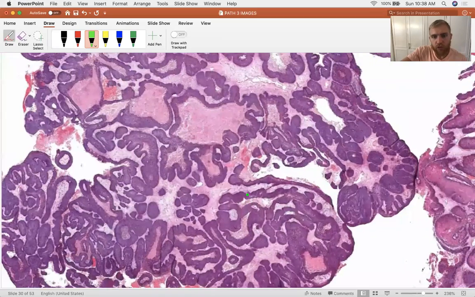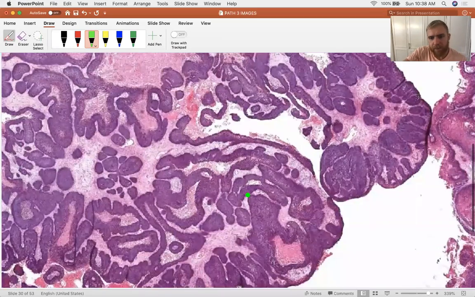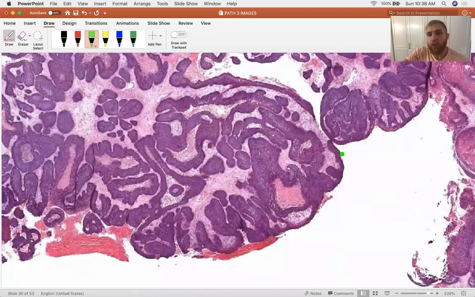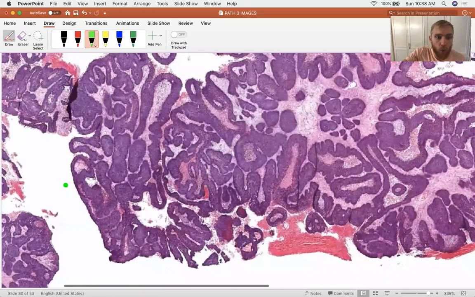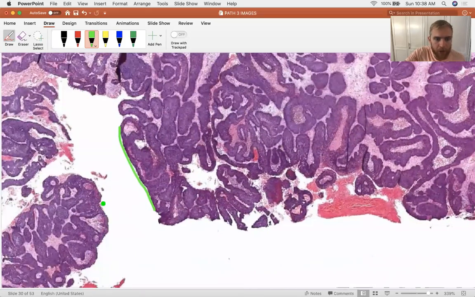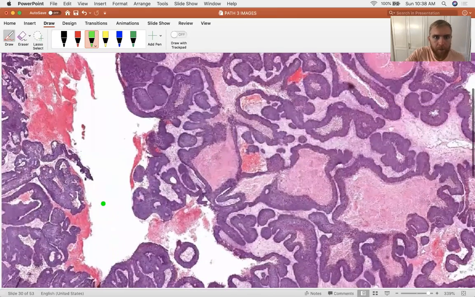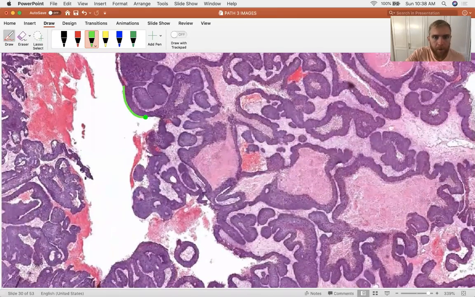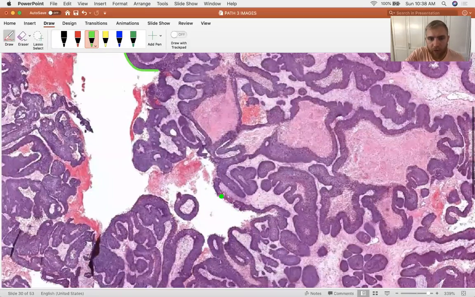So let's zoom on in. Notice we've got a flat exterior. It's bumpy, but it's squamous on the outside. That'll help you differentiate it. And it's pretty squamous on the inside too.